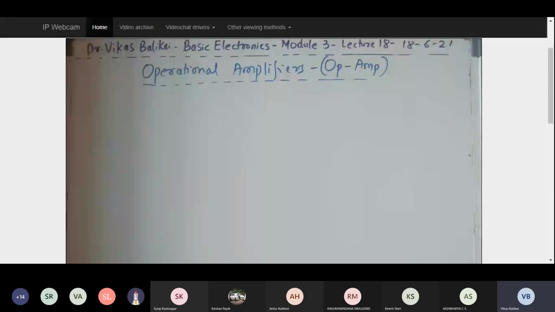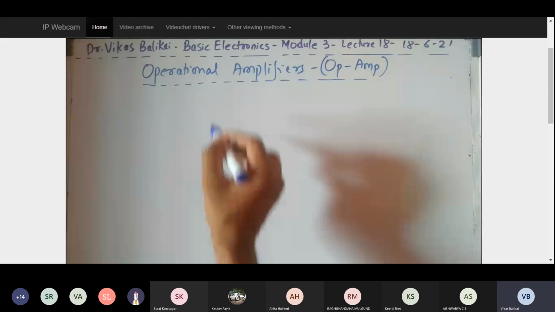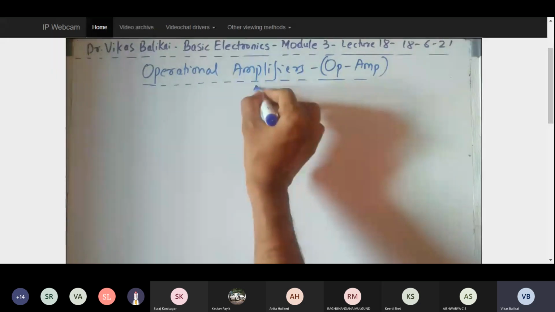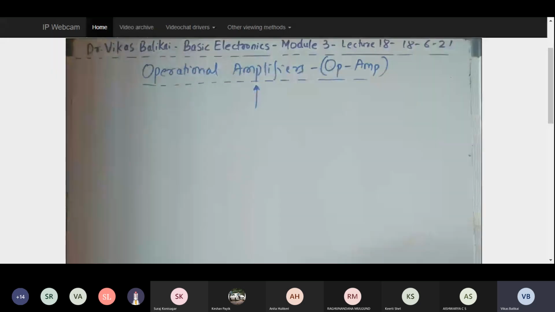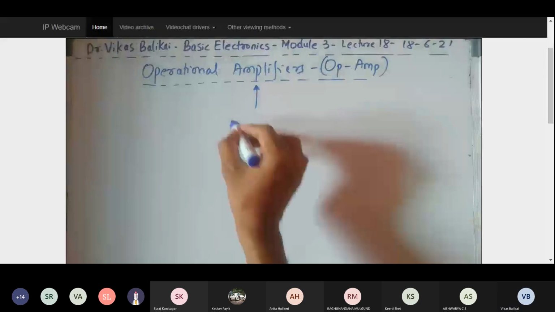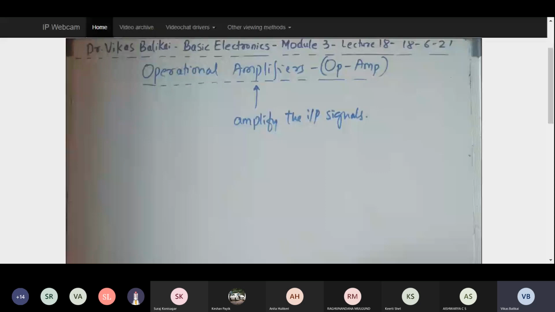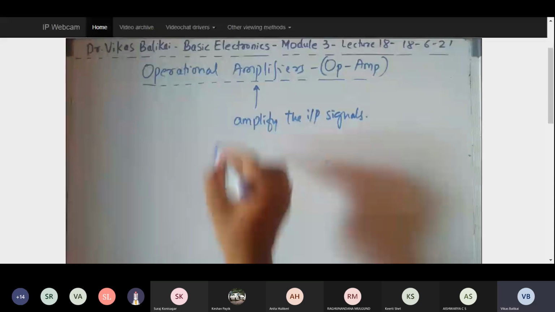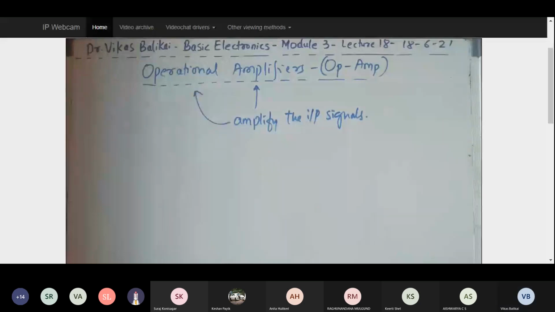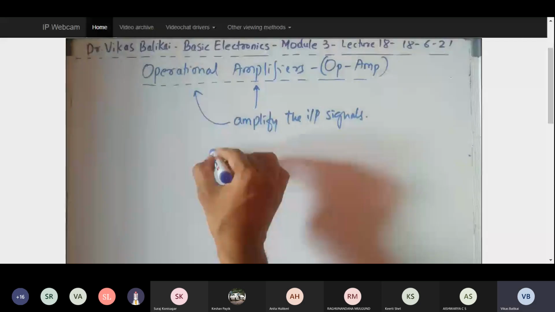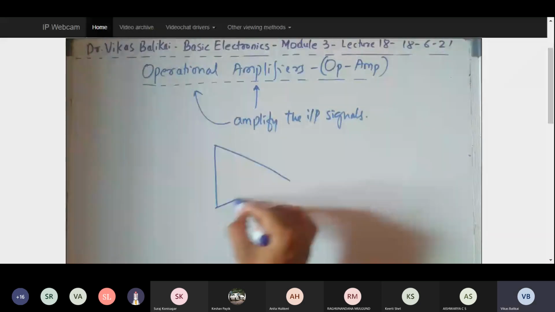As the name suggests, these are nothing but amplifiers, which means they are going to amplify the input signals. Along with that, they are going to perform some operations, some of them mathematical operations. Now, the structure or symbolic representation of an op amp can be given as this.